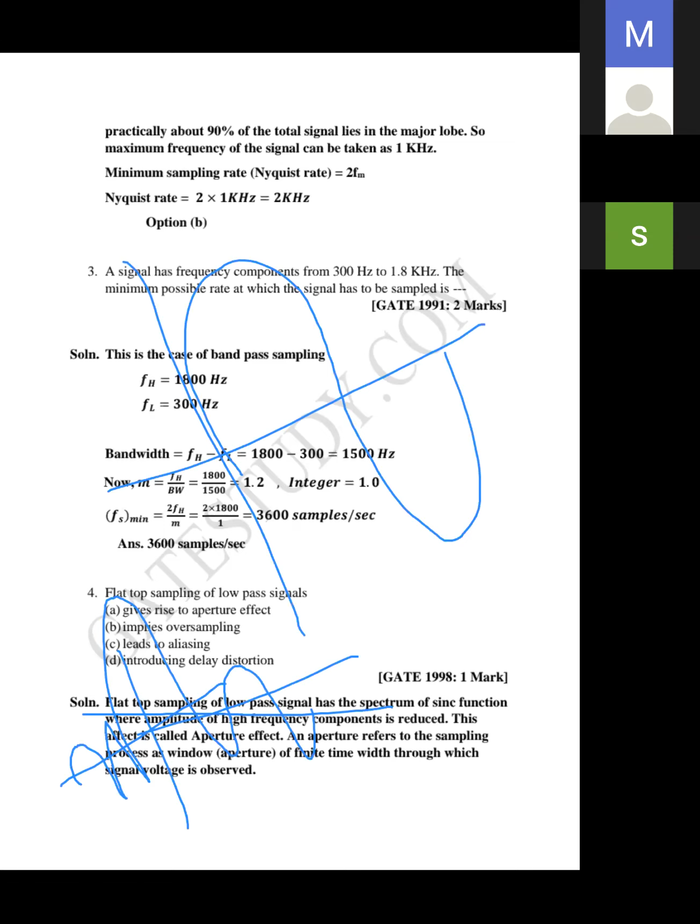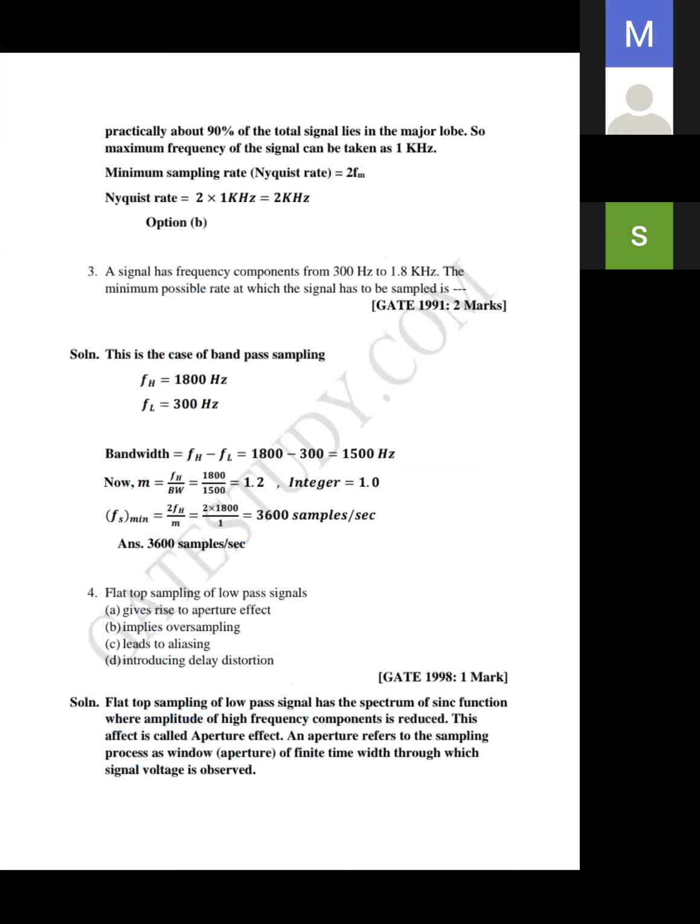This is applicable for both normal sampling and flat top sampling: the desired outcome at the receiving end is a sinc function.